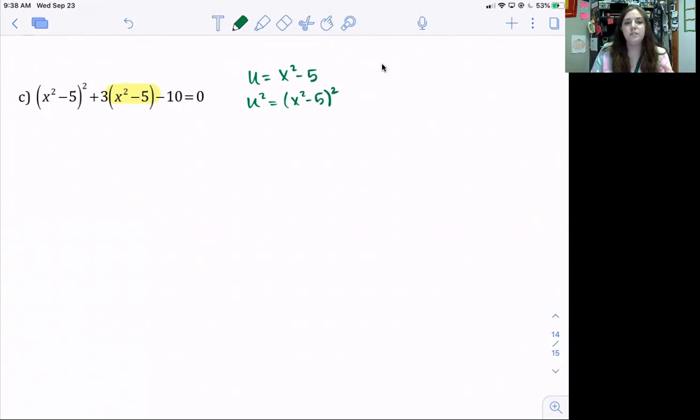So if you wanted, you could go ahead and FOIL this first part and then solve it like we did example A, but you're just creating a lot more work for yourself, right? Because we can now rewrite this as simply u squared plus 3u minus 10 equals 0.